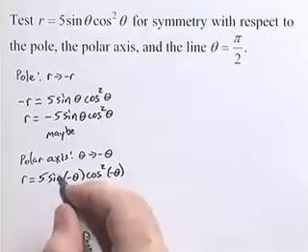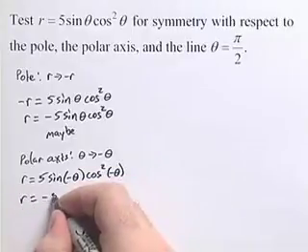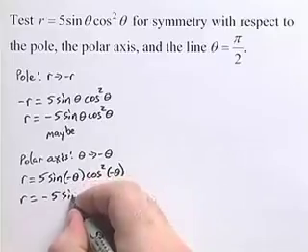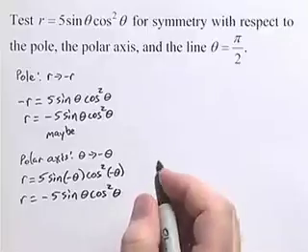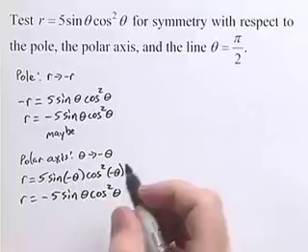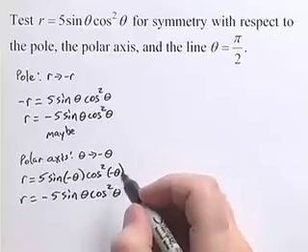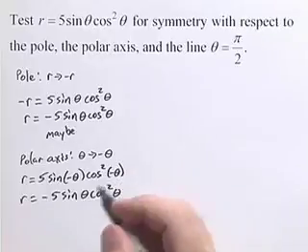If we clean that up, we get r is equal to negative 5 sine theta times cosine squared of theta. Remember that sine of negative theta is equal to negative sine theta, and cosine of negative theta is equal to cosine theta, but we're squaring that, so we have cosine squared.